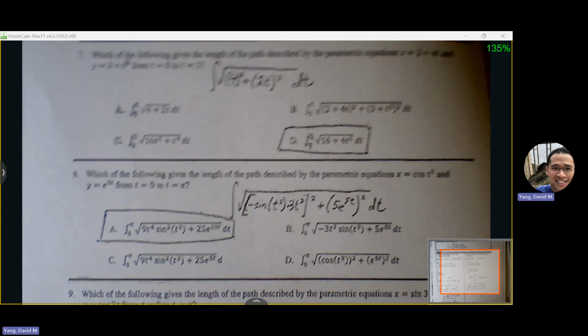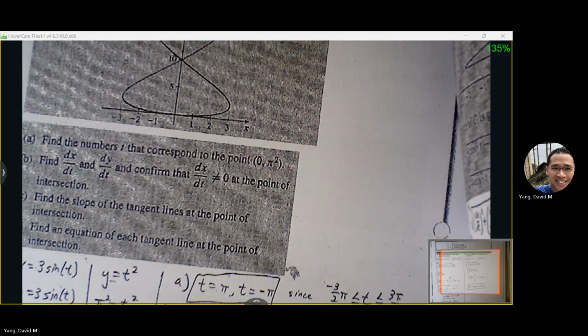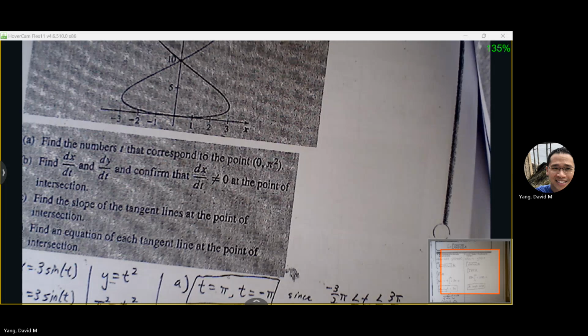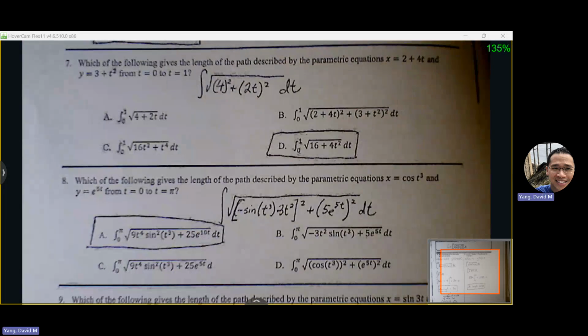Okay, we're done with page 18. Let's see if we can go to page 13. Let's look at some of those. All right, page 14. Let's do page 14 and 15 after 18. Do some of those arc length problems in AP form.